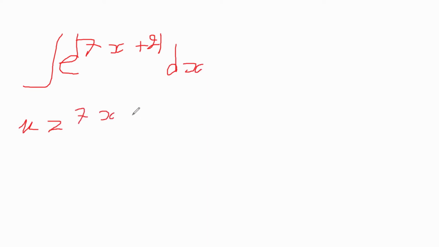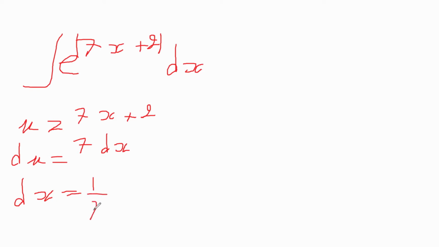This is step 1. That's why du تيجي 7 dx. أنا معي dx بس، إذا نكتبها 1/7 du. dx equal 1/7 du.